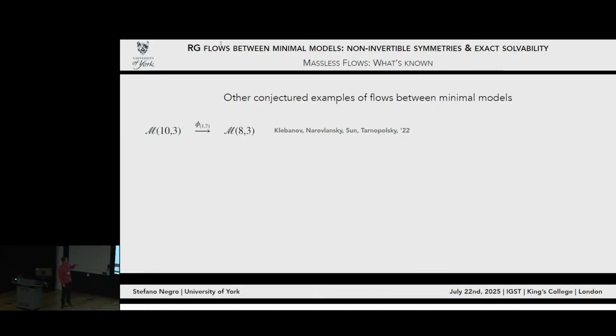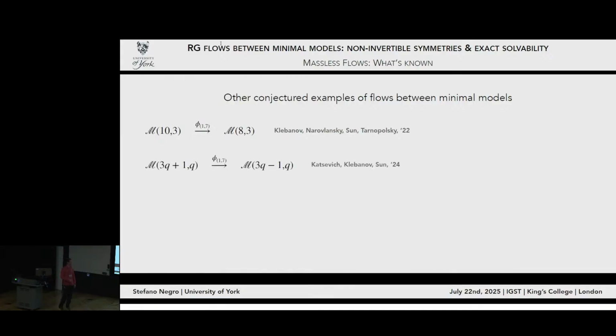We can do some counting argument, and the counting argument is inconclusive. We cannot conclude that the theory is integrable. But nonetheless, they had some argument using anomaly matching, saying that this flow, if it exists, should flow to this minimal model M(8,3).